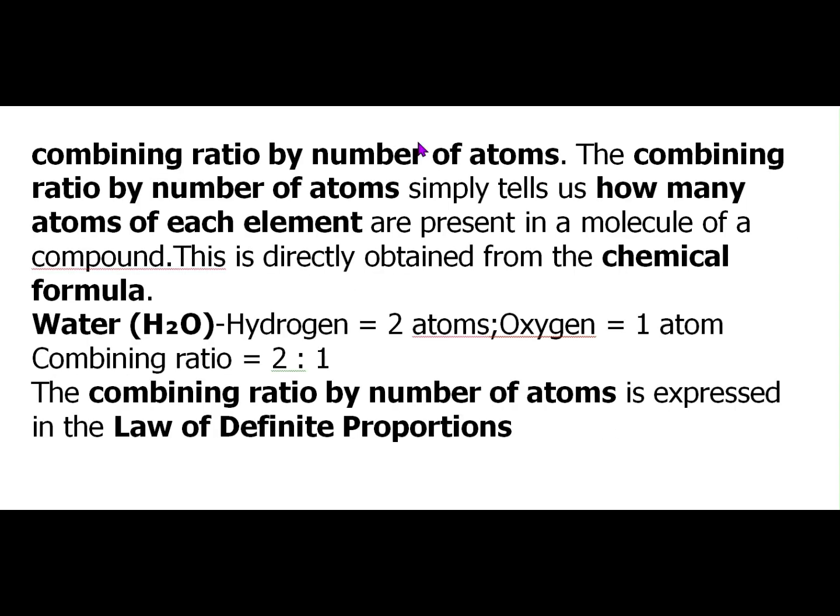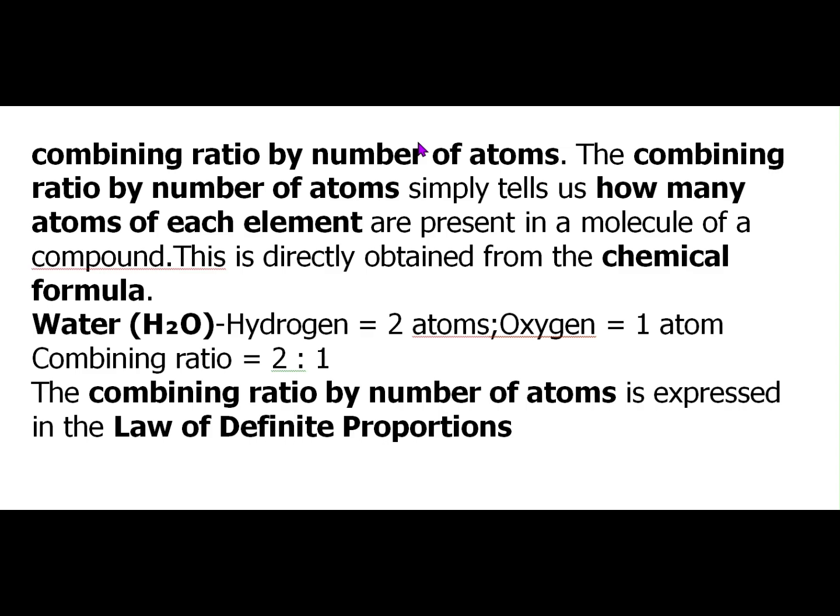Combining ratio by number of atoms. The combining ratio by number of atoms simply tells us how many atoms of each element are present in a molecule of a compound. This is directly obtained from the chemical formula.